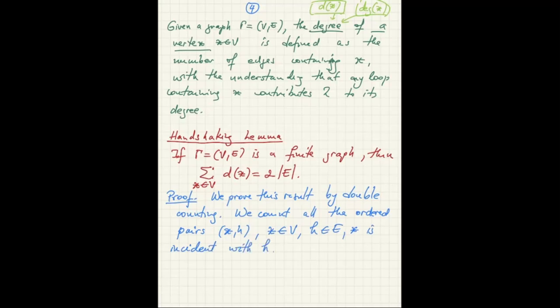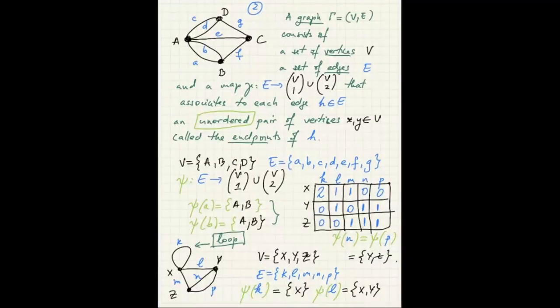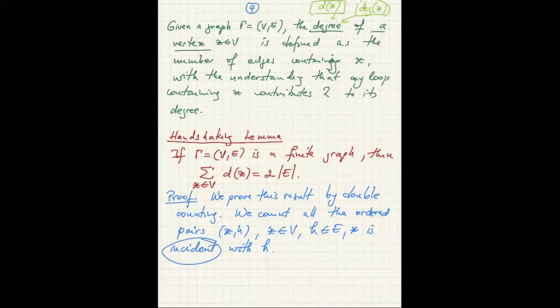I didn't mention this word incident before, but in the definition here, a vertex is incident to an edge if that vertex is an endpoint of that edge. So it means that x is an endpoint of h.